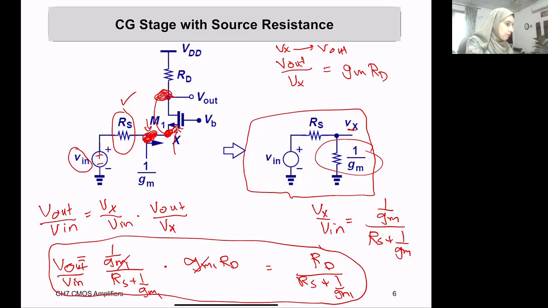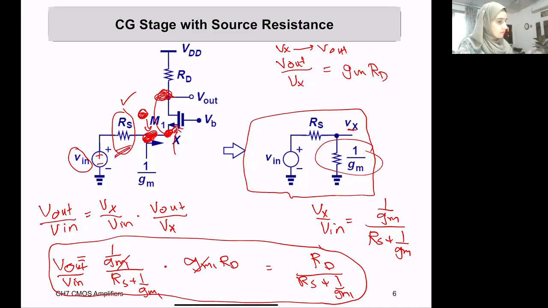First, we need to see how much of a portion of Vn is arriving here. And then from this node to the drain, what is arriving at the source of the amplifier is delivered to the drain of the amplifier with a gain of Gm Rd. But not all of Vn arrives at the source of the amplifier because of the addition of this source resistance.